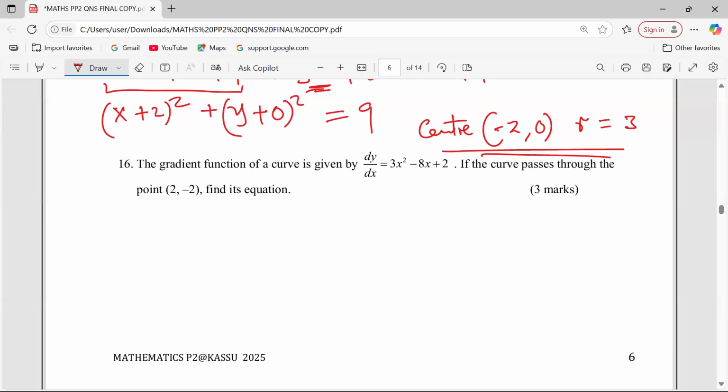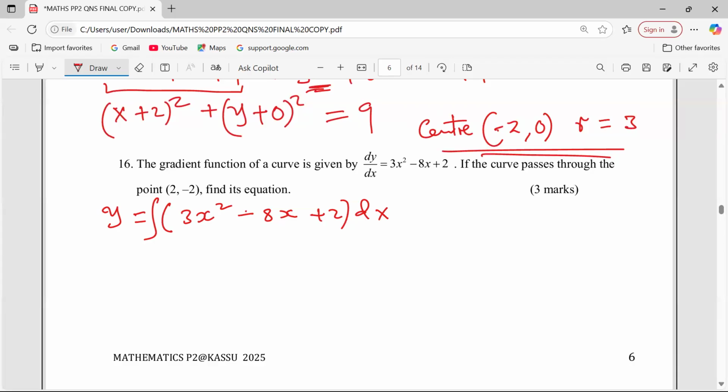That means this is the differentiated equation. To get back to the function itself, which has been differentiated, now y will be given by, we integrate with respect to x.